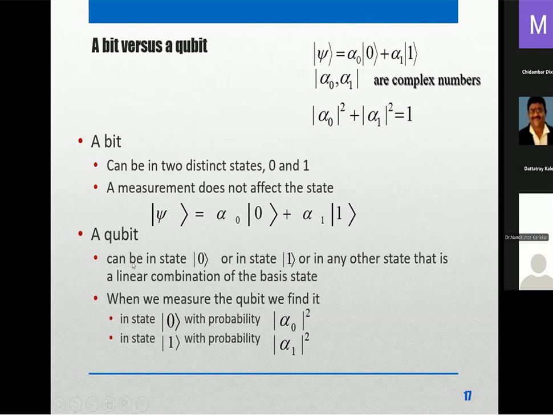But a qubit can be in the ground state, or instead the excited state, or any other state that is a linear combination of basis states.